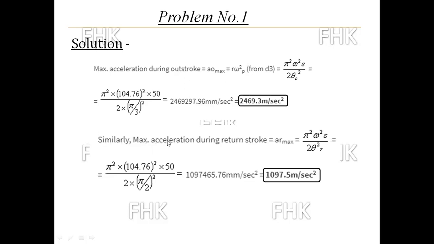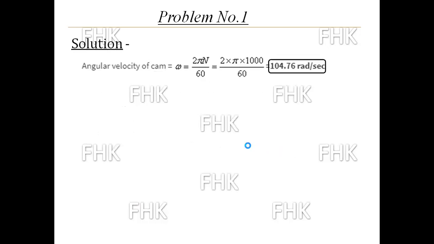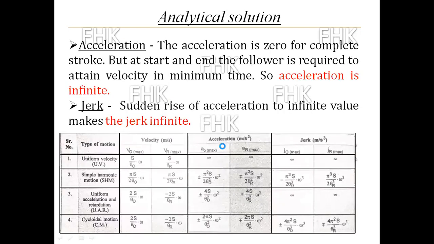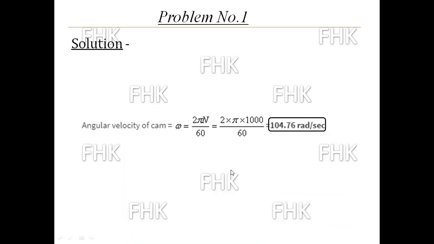Similarly, for the maximum acceleration during the return stroke, the formula is the same, only you write plus minus pi square omega square into s divided by 2 theta return square. I show you the formula here again from the table. Simple harmonic: pi square s omega square plus minus, the same formula with sign, only instead of outward stroke you write return stroke, the rotation of the cam in the return stroke.